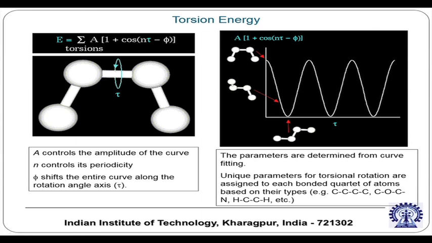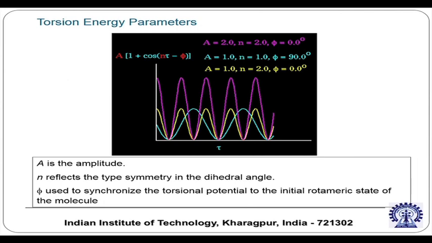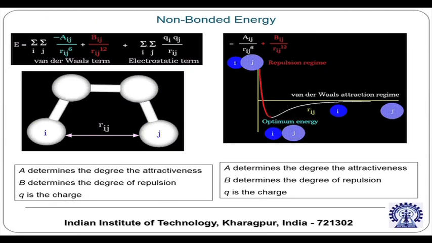So, various parameters can control various interactions. With different interaction parameters you can have different torsional energies.